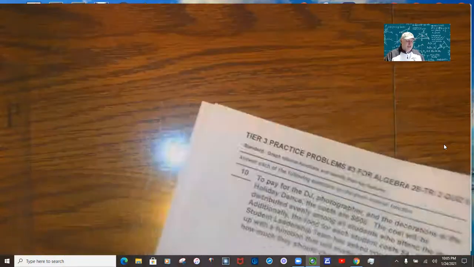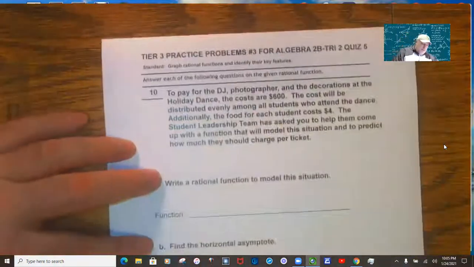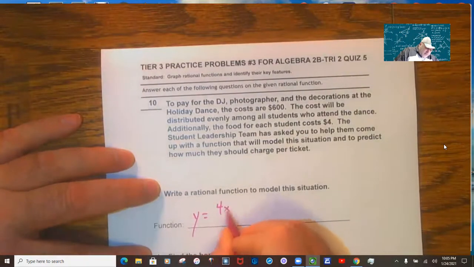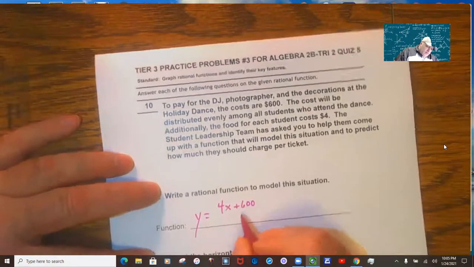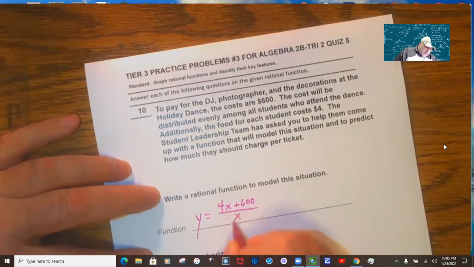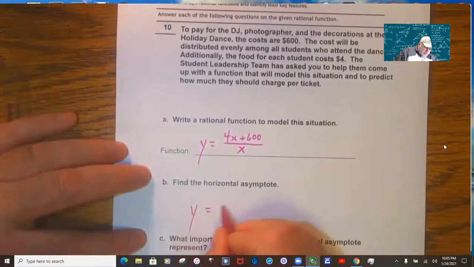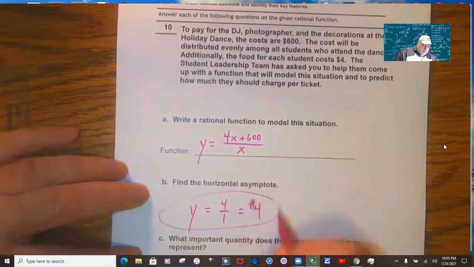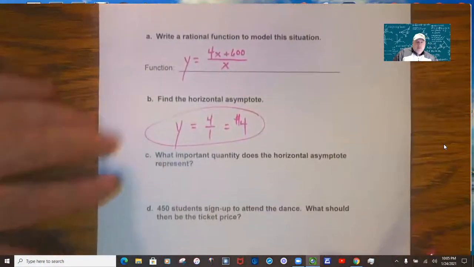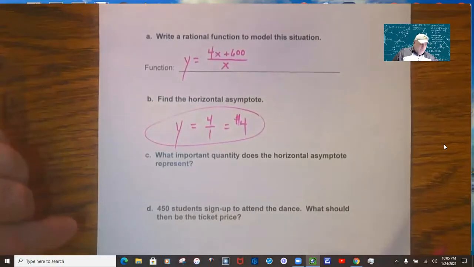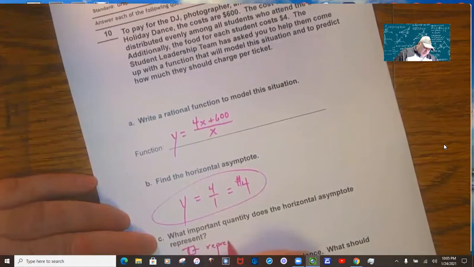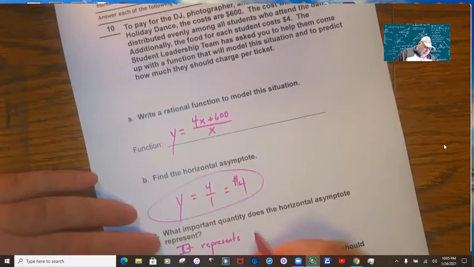Okay, same idea on this DJ problem. So we have $600 total cost, so 4x plus 600, $4 for each ticket over x. So find the horizontal asymptote. It is $4. Again, the ratio of those highest powered terms, it represents the lowest possible price. You actually don't get there.